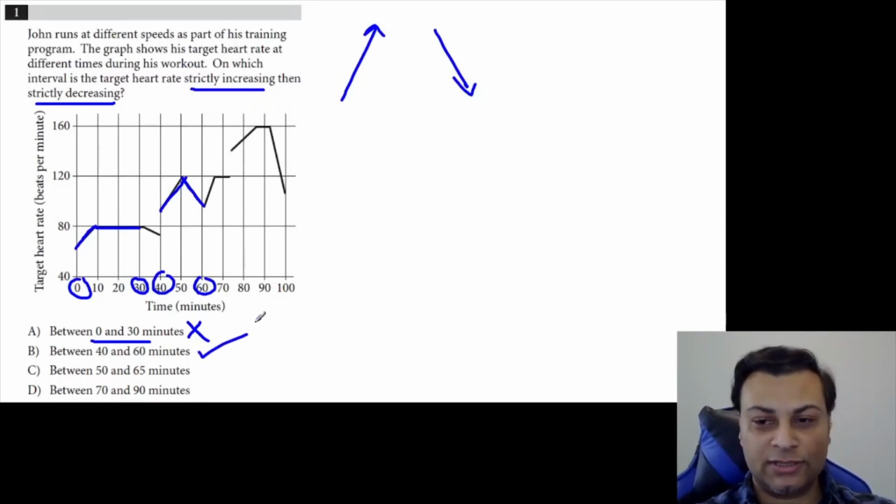Let's take a look at C and D also. 50 to 65 went down first, but we want to go up first and then down, so that's not it. 70 to 90 went up and then some horizontal, but no decreasing, so that's not it either. So the answer is B.